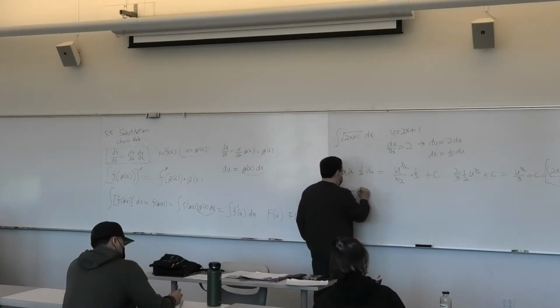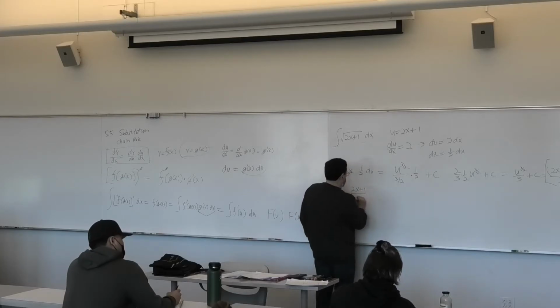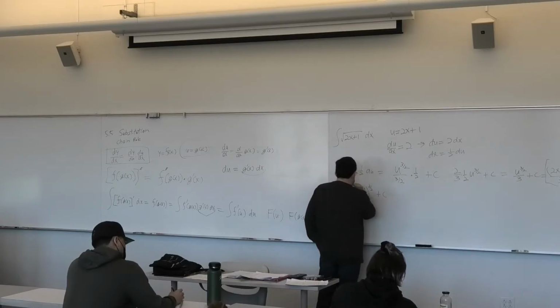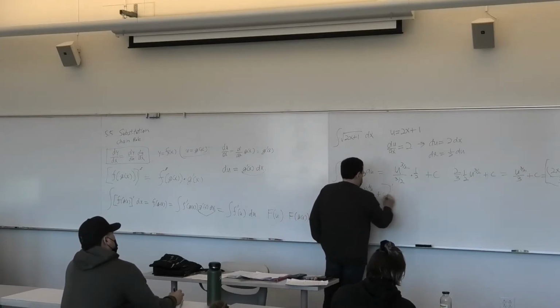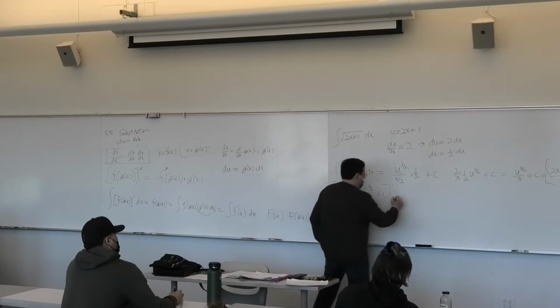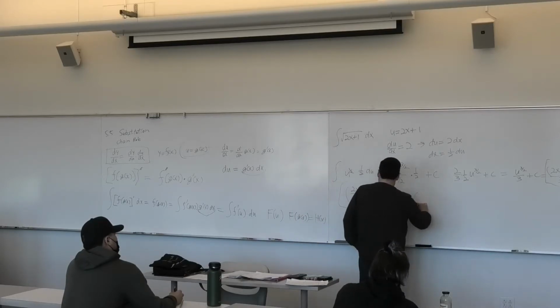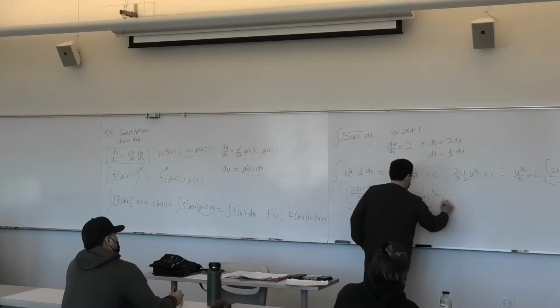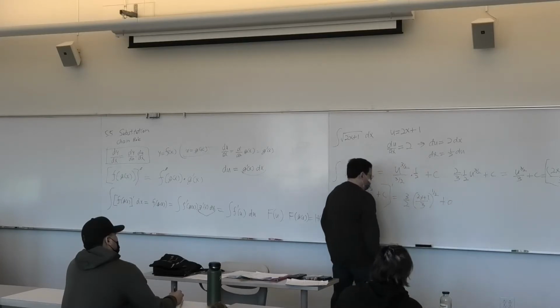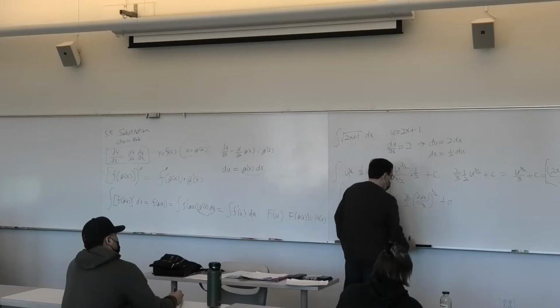It's (2x plus 1) to the 3/2 over 3 plus a constant. So using the power rule here, this is going to be 3/2, (2x plus 1) to the 1/2, over 3. The 3's are going to cancel.